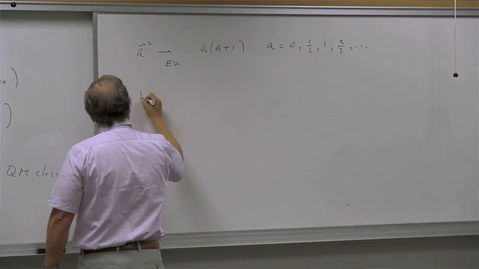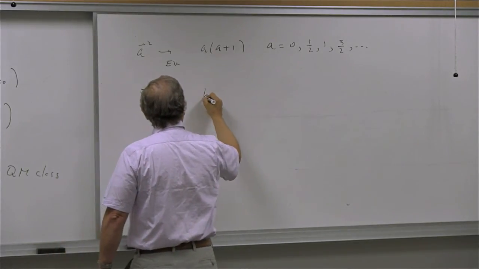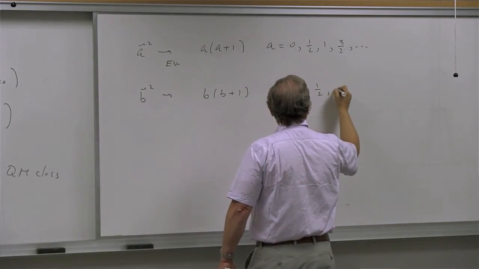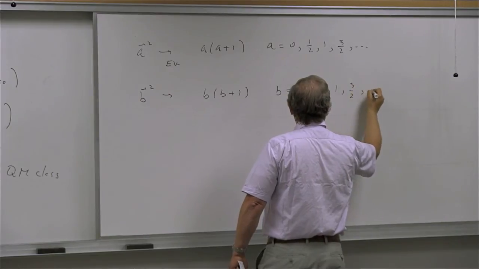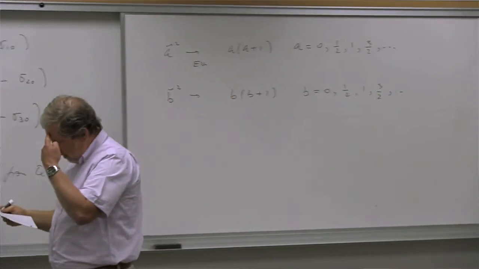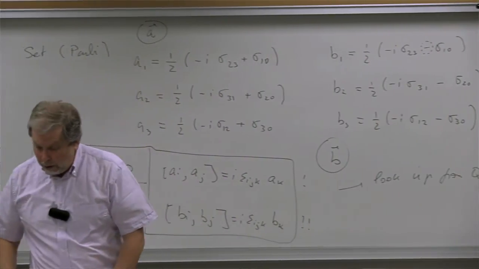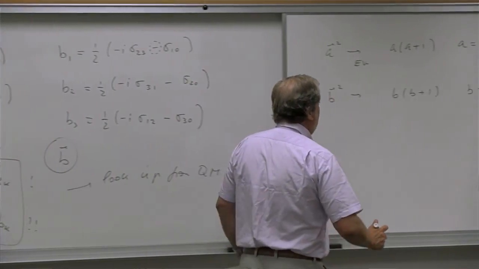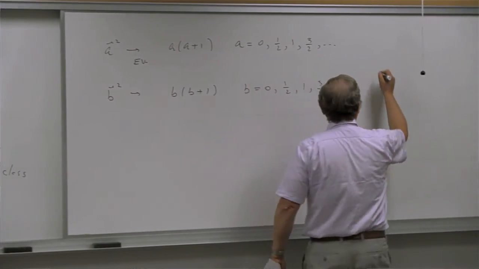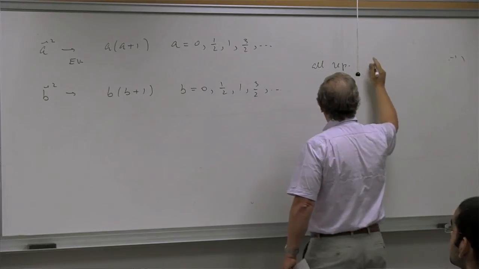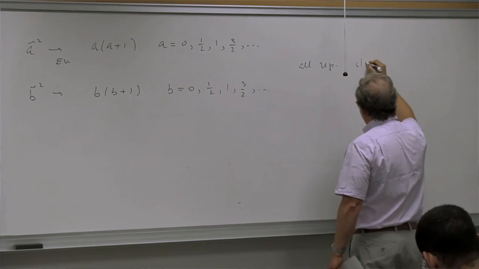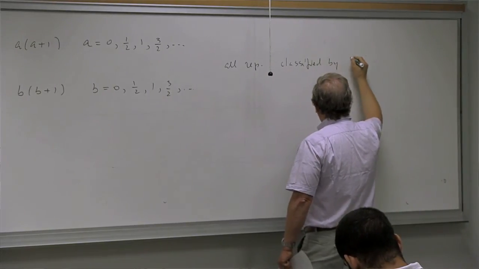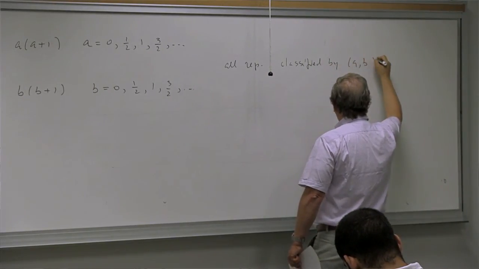And the eigenvalues of B squared are B times B plus 1, with B equals 0, 1/2, 1 and 3/2, and so on, right? And so that means that all the representations of the Lorentz group are represented by these 2 numbers. So all representations are classified by a pair of these numbers, A and B.